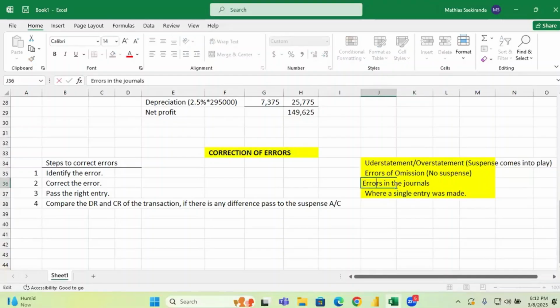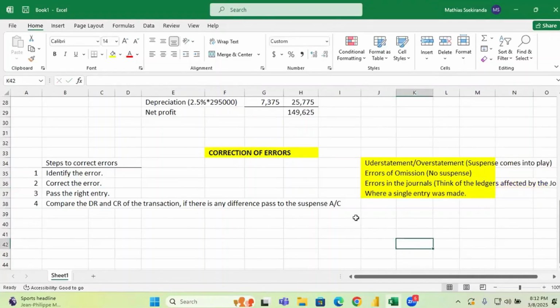Then we have errors that are committed in the journals, in the books of prime entry. When correcting these errors, you think of the accounts affected. Think of the ledgers affected by that journal.